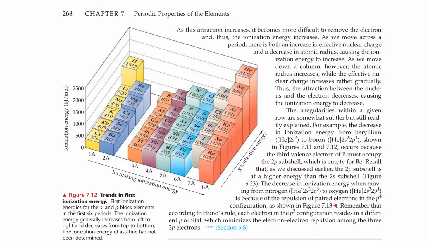The decrease in ionization energy when moving from nitrogen to oxygen is because of the repulsion of the paired electrons in the p4 configuration, as shown in Figure 7.13. Remember that according to Hund's rule, each electron in the p3 configuration resides in a different p orbital, which minimizes the electron-electron repulsion among the three 2p electrons.